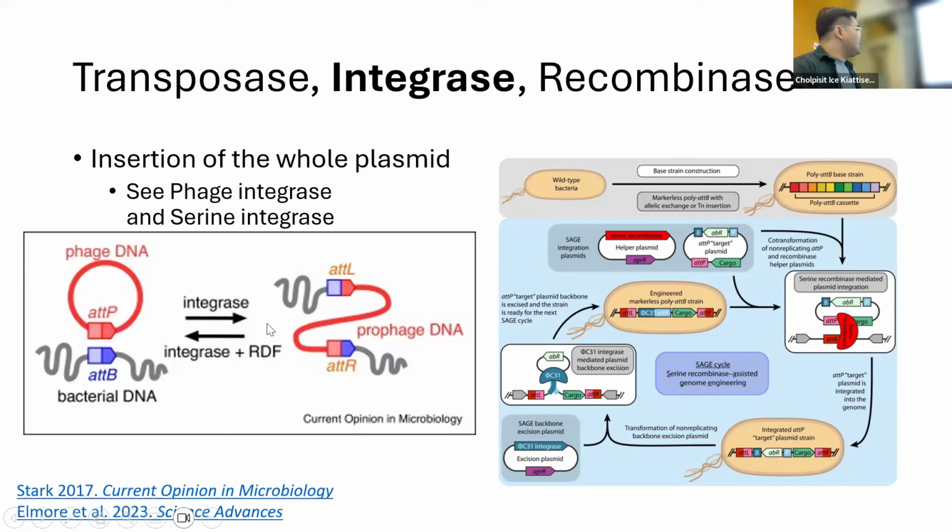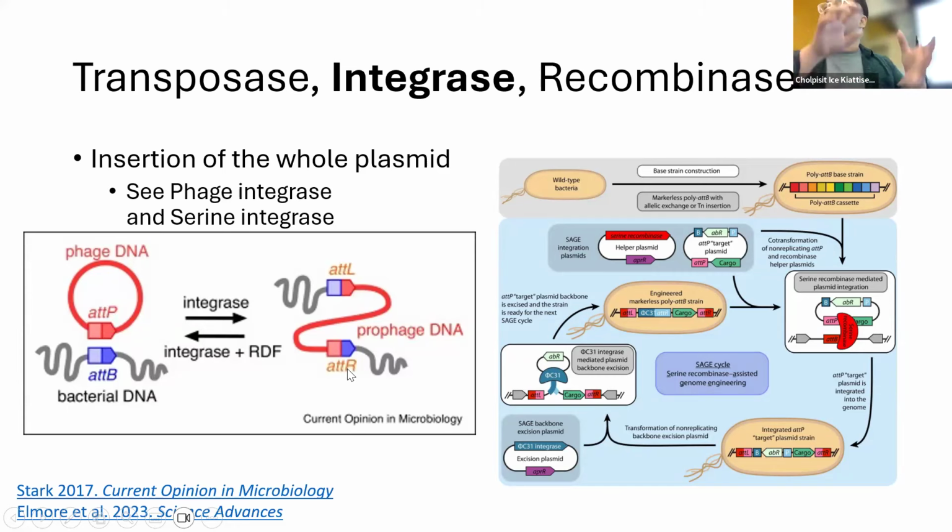If you do the integration, it will get into the genome as a whole. So this whole thing, attP, gets split by the system, and inside the cell, in between these attP, this side will just be different.